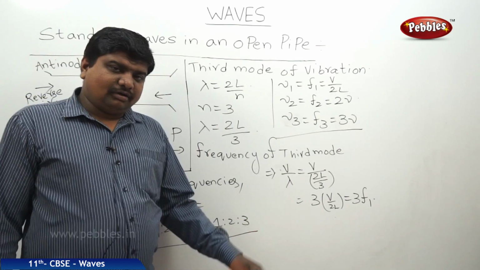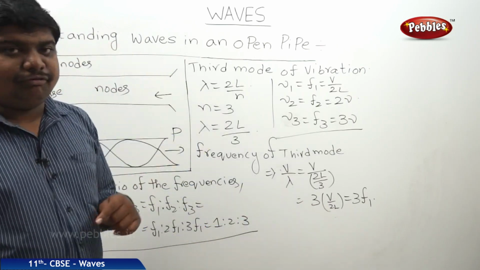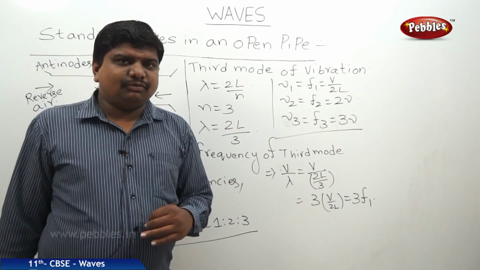Here we get all harmonics, meaning the regular order of frequencies, but in the case of a one end open pipe, we get only odd harmonics.